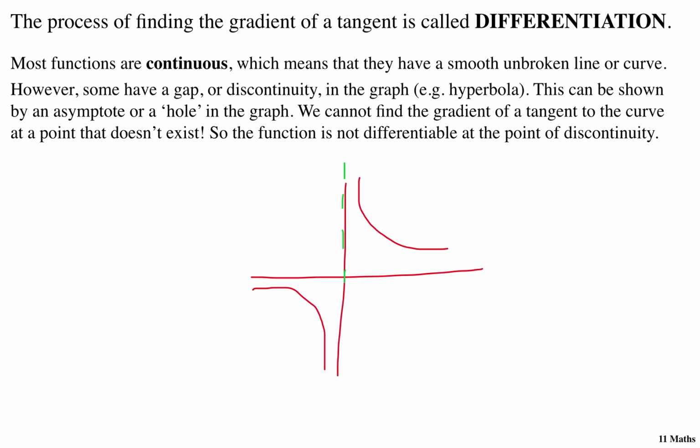The y-axis is an asymptote, also the x-axis is an asymptote, but in terms of our graph, it's the y-axis that we're most concerned with, whether it can be differentiated, because the curve never touches the y-axis. So there are no points at x equals 0, which is the y-axis. There are no points where the curve touches the y-axis, so there can't be a slope on the y-axis.